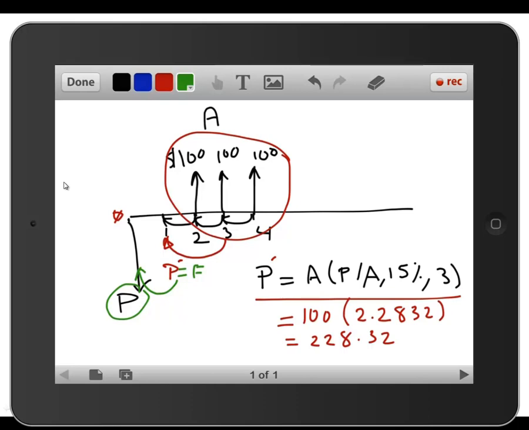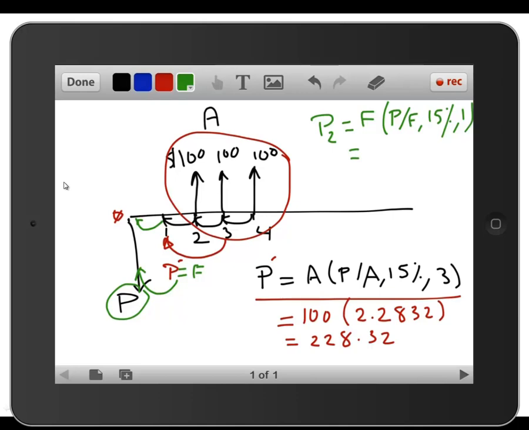In this case, I will use the new P value that I want, which is for group 2, which will equal the future value F multiplied by P given F with 15% and 1 year. This is 1 period only.